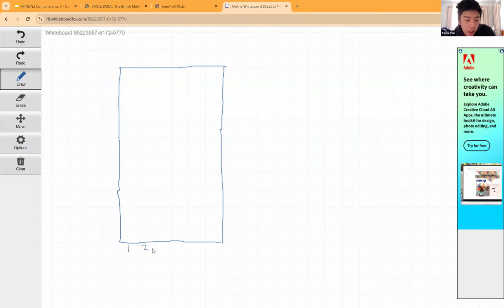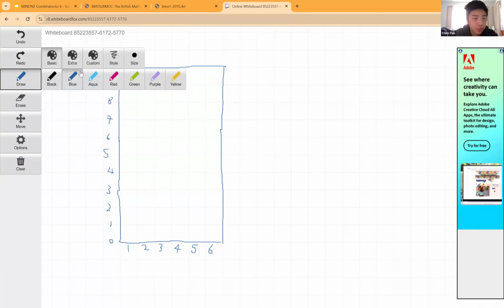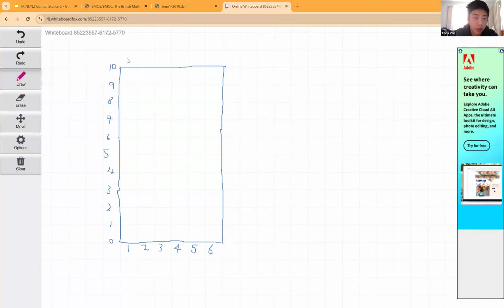The x-axis here for the graph represents the 6 questions, and these lines represent how many marks you got on the question. So if it's completely all the way at the bottom, that's 0 marks. And if it's filled all the way, that's 10 marks. Maybe I'll color it in red, right? So maybe you get 10 marks on the first question. It would look something like that.